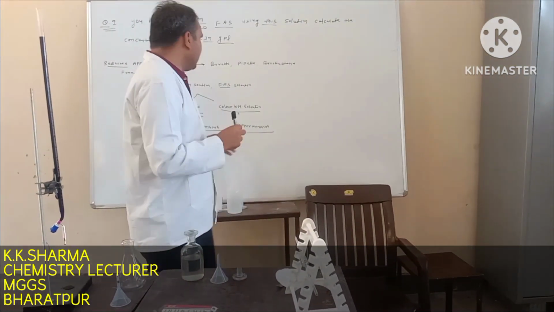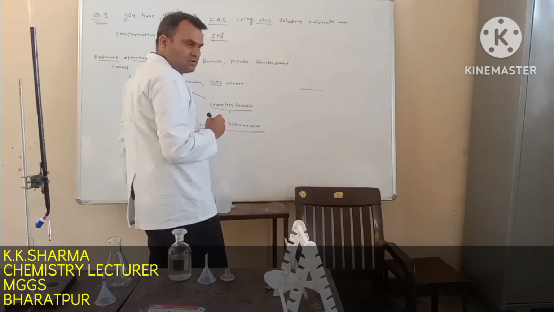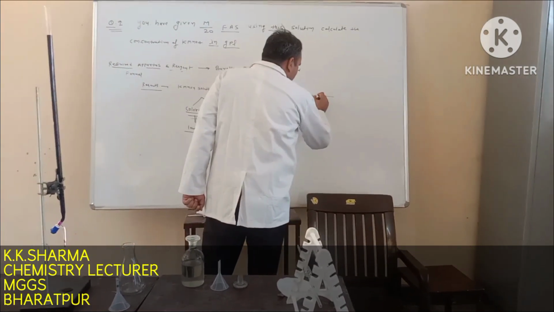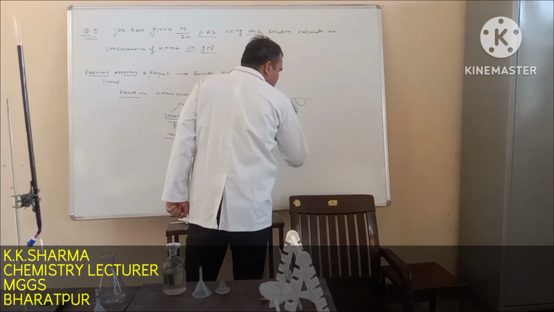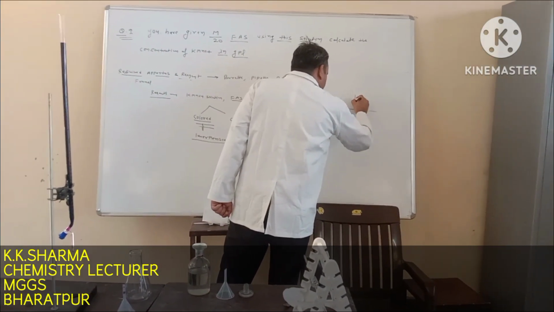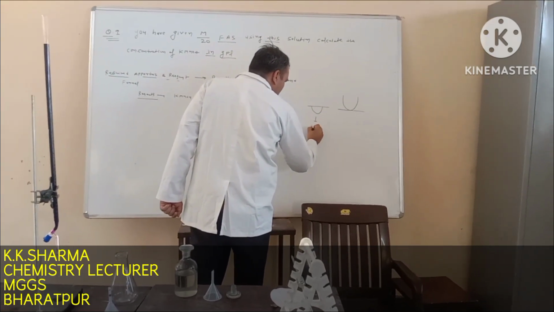Okay, and there is a mark on the burette and pipette. When it is a colored solution, the meniscus should be in this way, and when it is a colorless solution, the meniscus should be in this way.